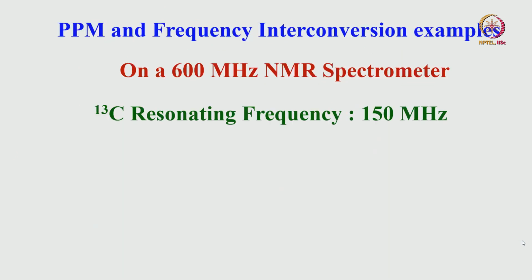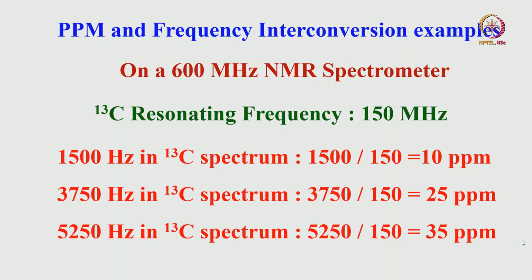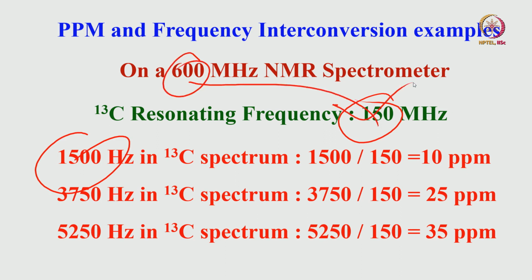If you want to go for the nitrogen 15, exactly the same. Now, for the carbon 13, we convert frequency to ppm. 1500 hertz in carbon 13 is what is the ppm value? Remember, on a 600 megahertz spectrometer, carbon 13 resonates at 150. So, when frequency is 1500 divided by 150, you are going to get 10 ppm.